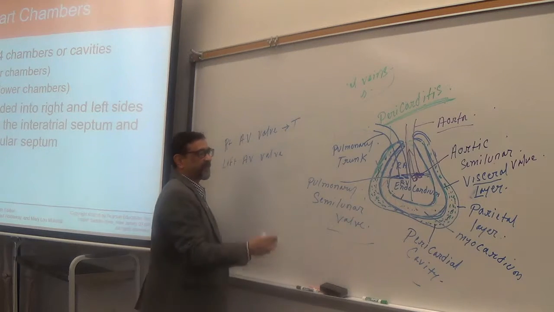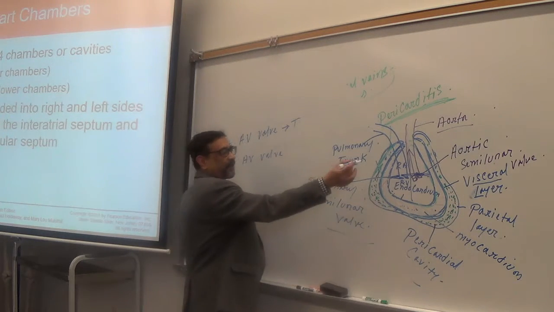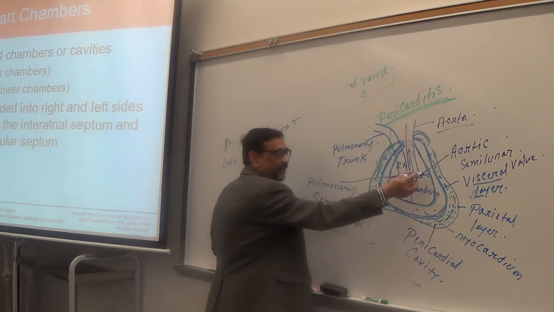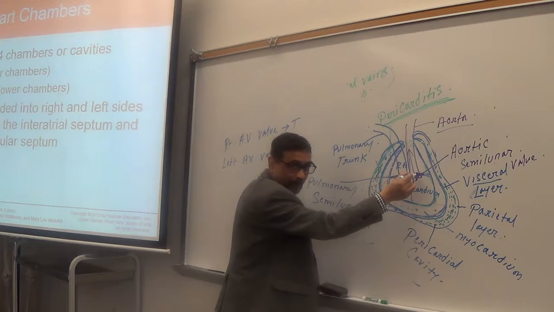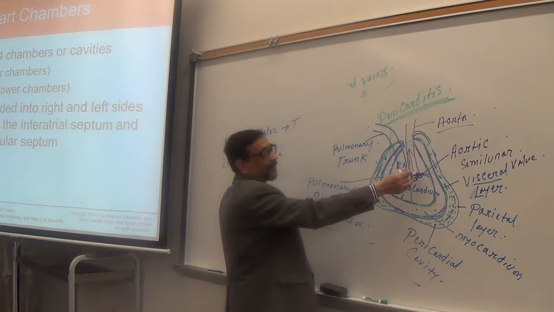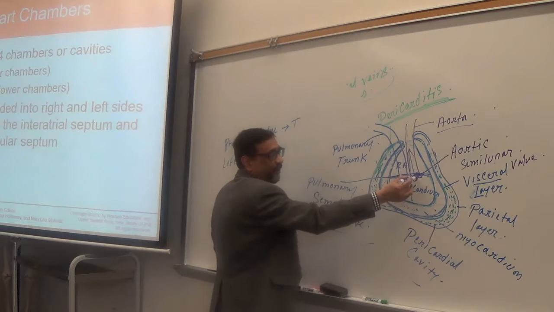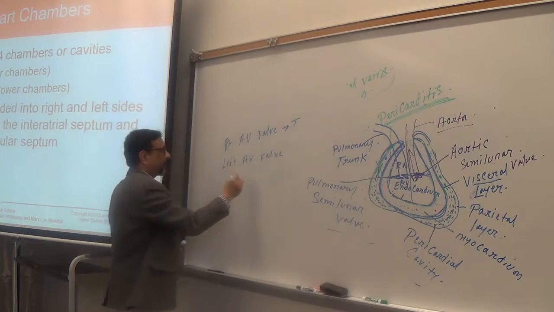So you got 4 sets of valves. You see, right AV, which is tricuspid. Left AV is what? Tri or bi? Bicuspid, right? And then aortic semilunar and pulmonary semilunar.